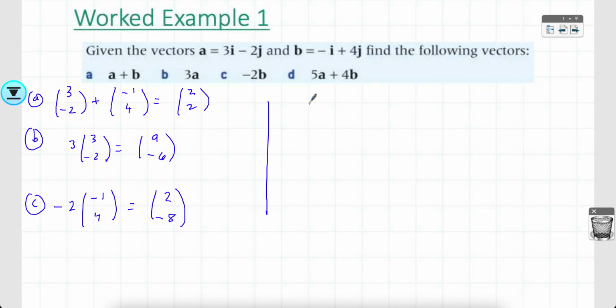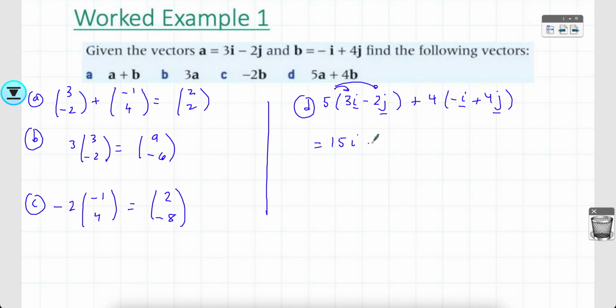And then for part D, we're doing a linear combination. This time let's make it a bit different. Let's do it in component form, just to show you something different. So I multiply each of the components, and I get 15i minus 10j, and then I'll multiply here as well, so I get minus 4i plus 16j.